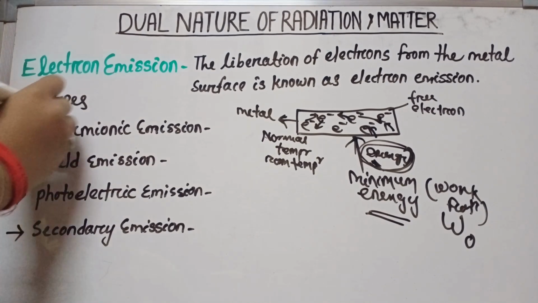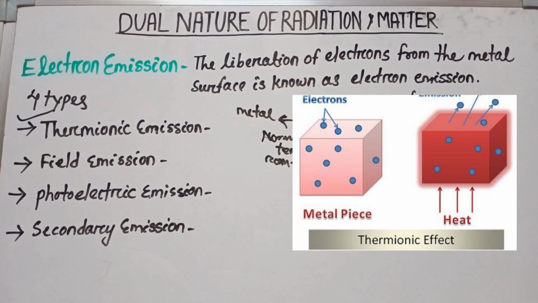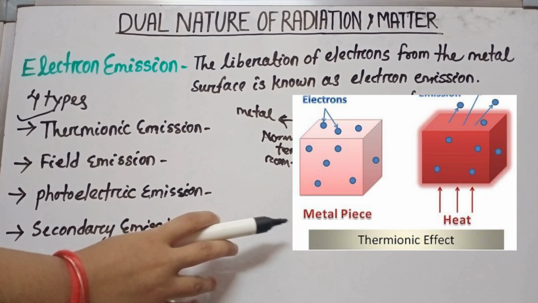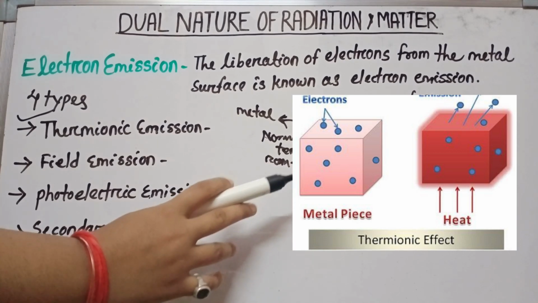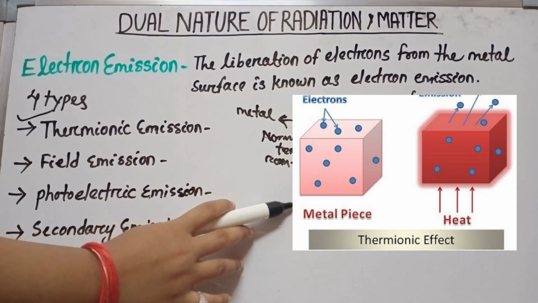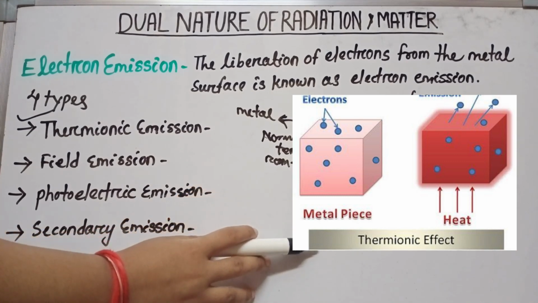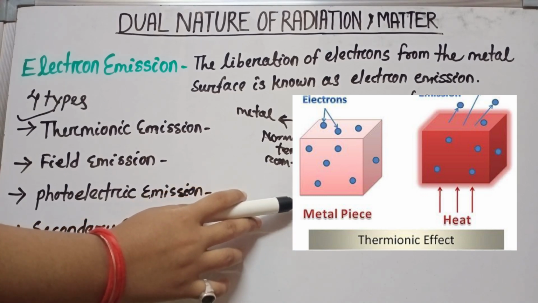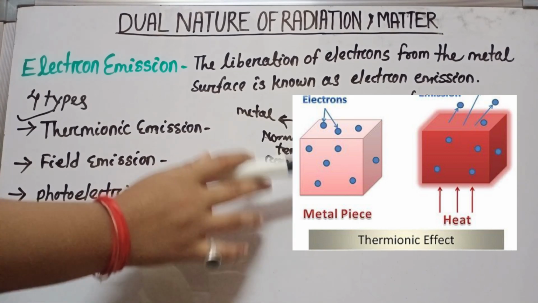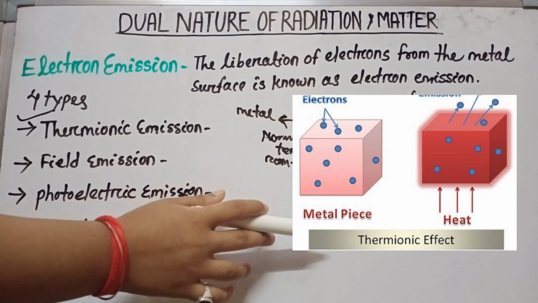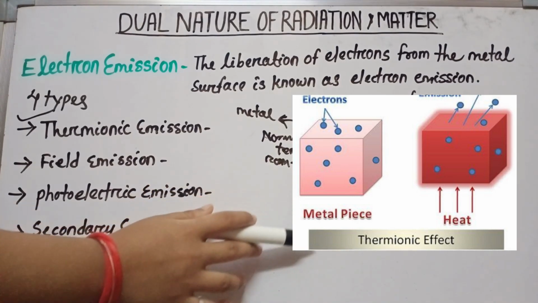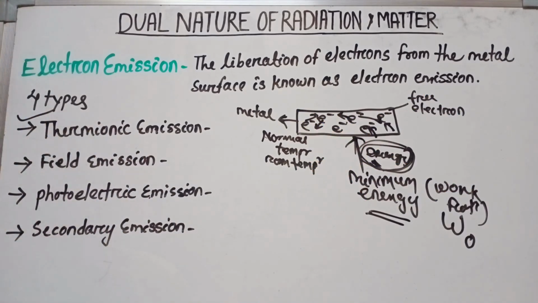In thermionic emission, if we consider a metal and provide heat energy, the metal is heated, and the free electrons absorb this energy and are able to emit from the metal surface. Electrons are released due to thermal energy, the heat energy. This type of emission is known as thermionic emission.